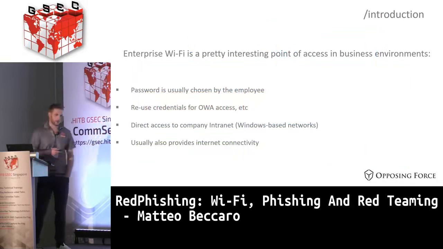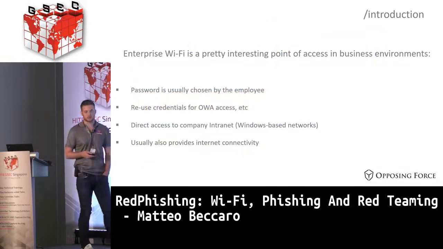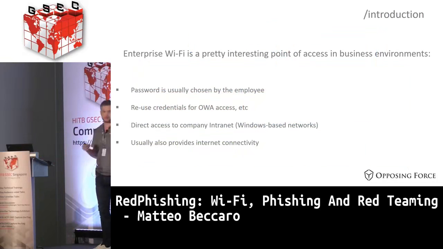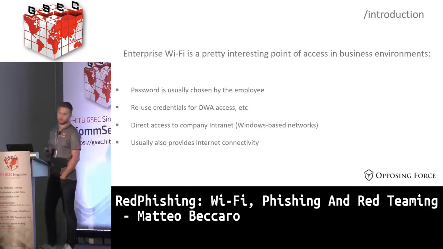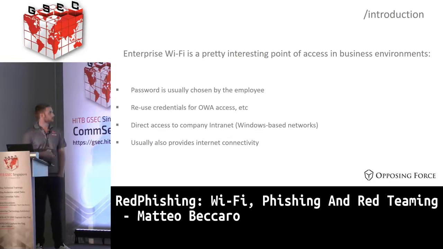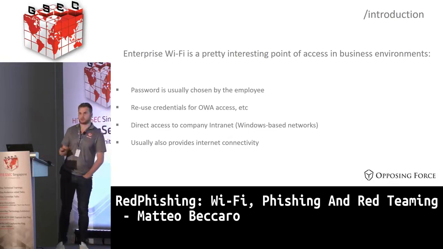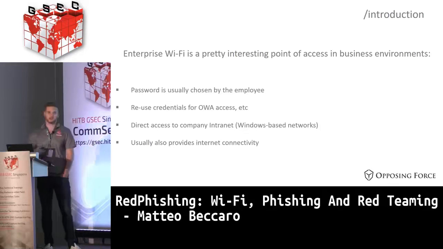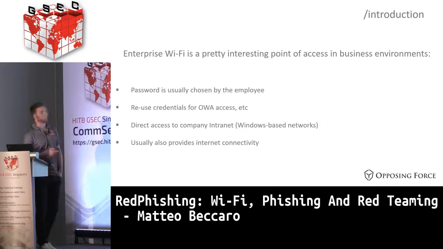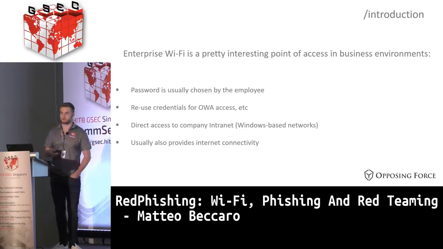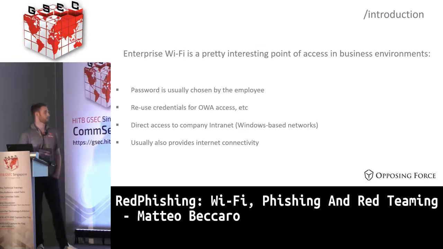So why are we interested, during a red teaming engagement, in Wi-Fi and specifically enterprise Wi-Fi networks? Because usually we have hundreds, if not thousands, of different users, and each user usually can choose his own password. So it's very possible to find a weak password to connect to the enterprise Wi-Fi network.